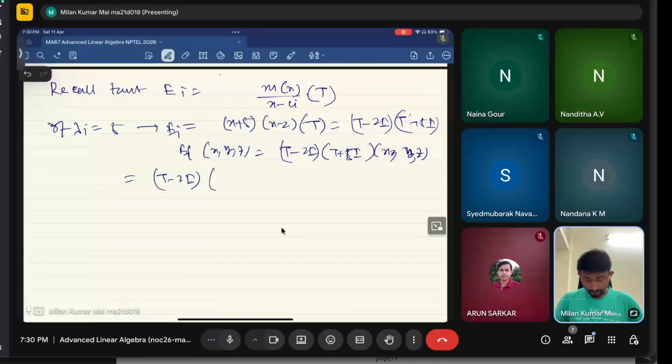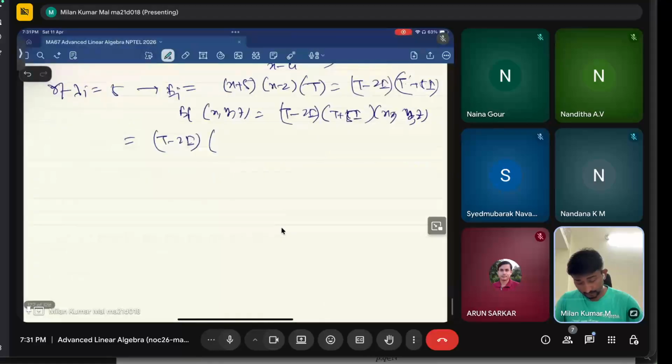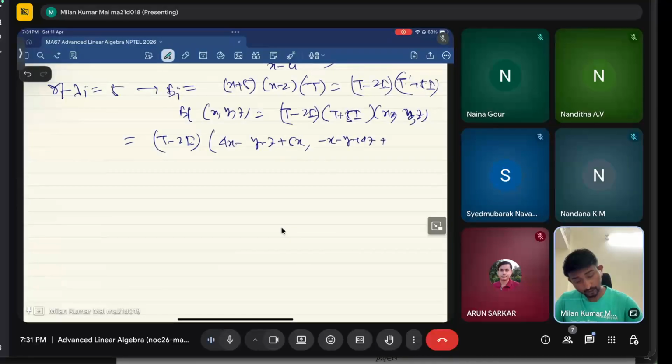T of (x, y, z) is 4x minus y minus z comma x minus y. So this will be plus 5x comma minus x minus y plus 4z plus 5y comma minus x plus 4y minus z plus 5z.